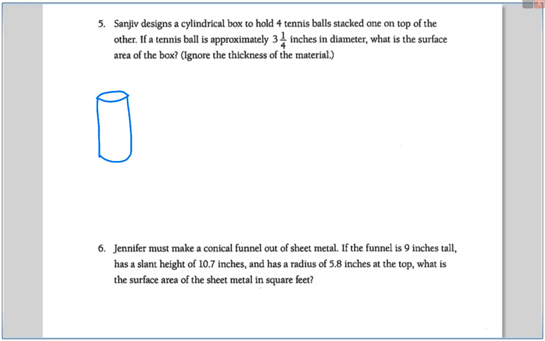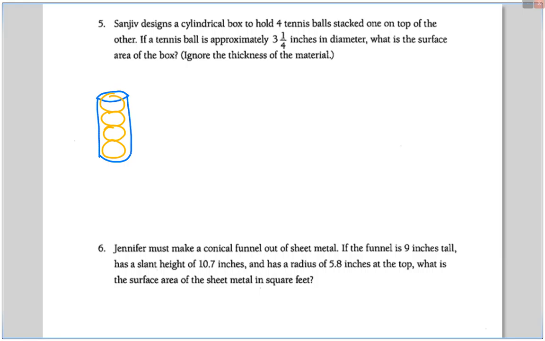And you gotta fit 4 tennis balls in there. So tennis balls sort of look like this. Okay, so in order to get the dimensions of the box, you have to use the dimensions of the ball.